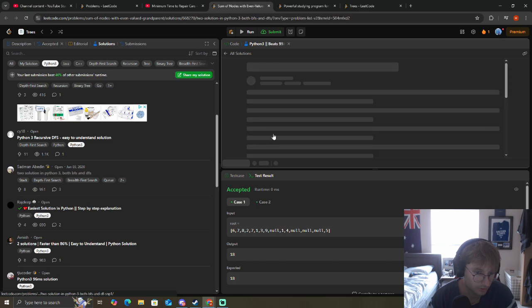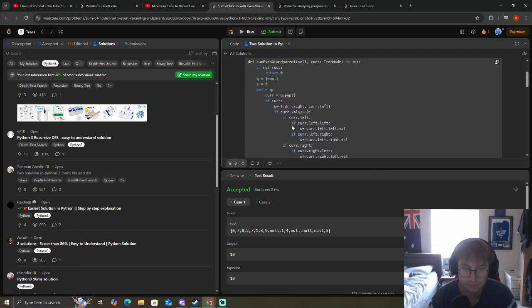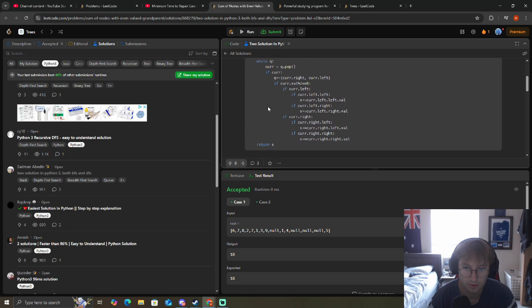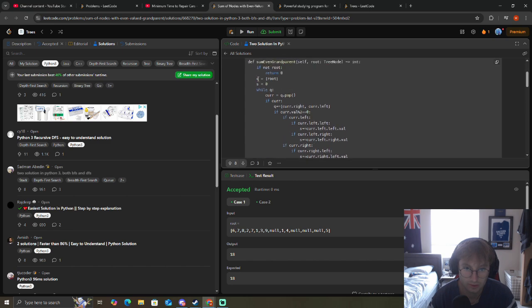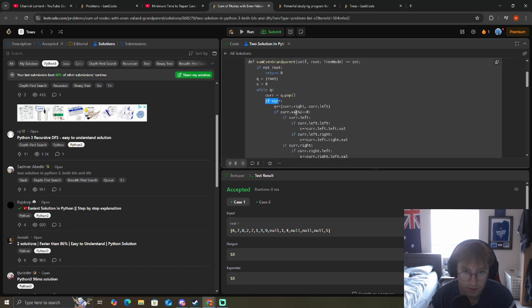Two solutions in Python. What is this? What are they using here? Stack? Yeah. What's this BFS?